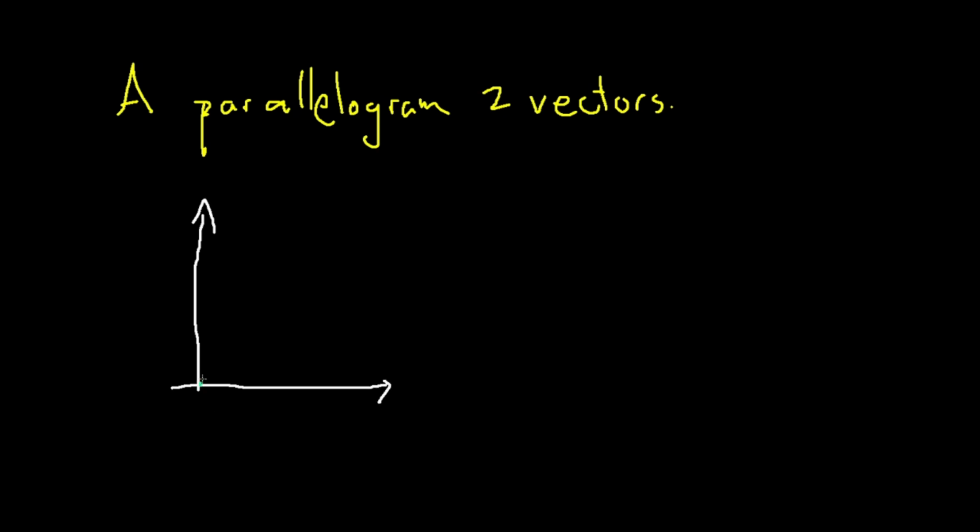Let's call this vector U, and let's call this, I don't know, vector V. You can't really see that. There we go. That's vector V. So now, what we can do is actually find the area of this parallelogram. I'm going to show you guys how to do that. This forms a parallelogram, and we can find this area in here.